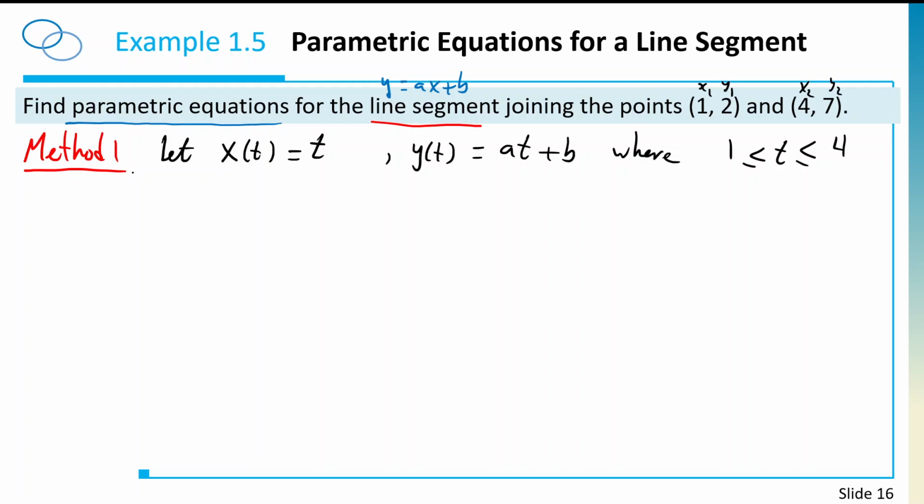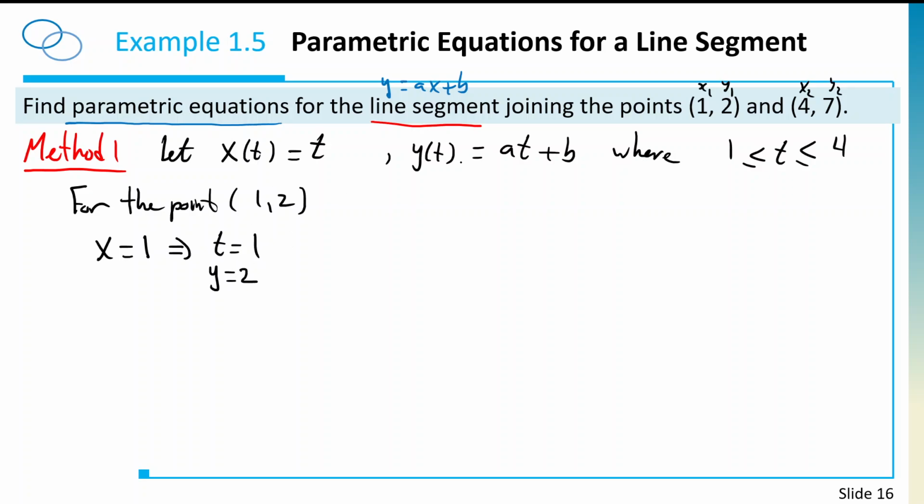We need to try the first point, the point 1, 2. If x is equal to 1, as the first equation, then for sure t is equal to 1, and y is equal to 2.